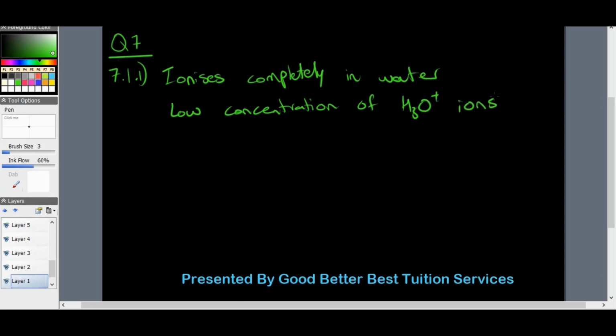So weak acids ionize in water to form low concentrations of H3O plus ions.